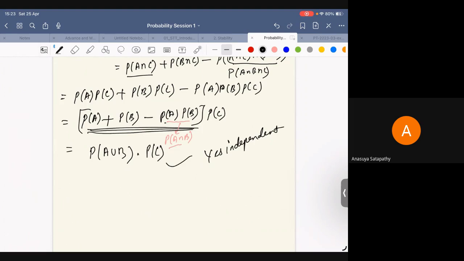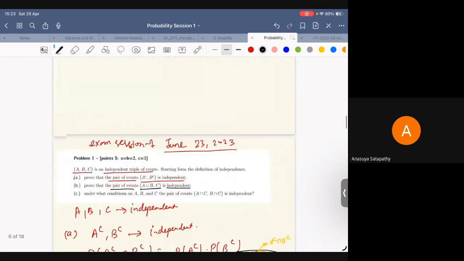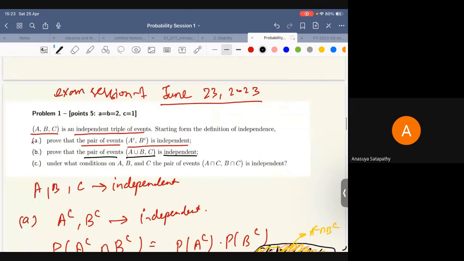Okay, and let's go to option C. Under what conditions are A, B, C such that the pair of events is independent?